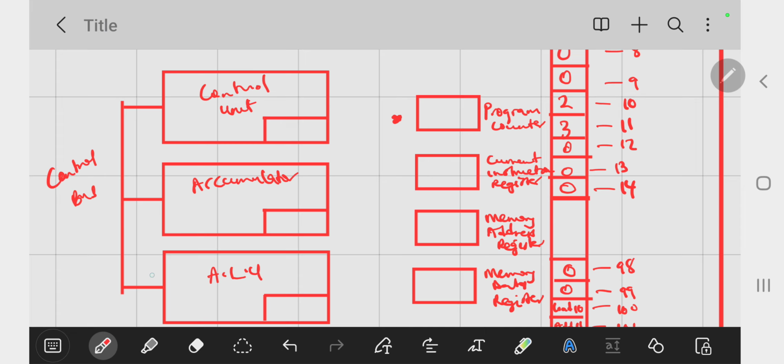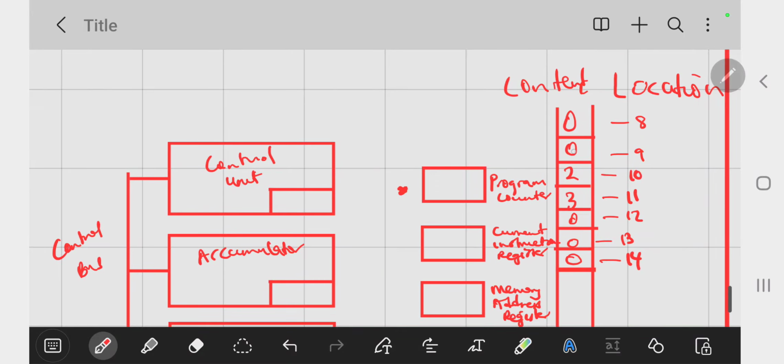And this is the control bus. Remember, we started by looking at CPU system buses, and we've already said a control bus is one of them. We also looked at its use.